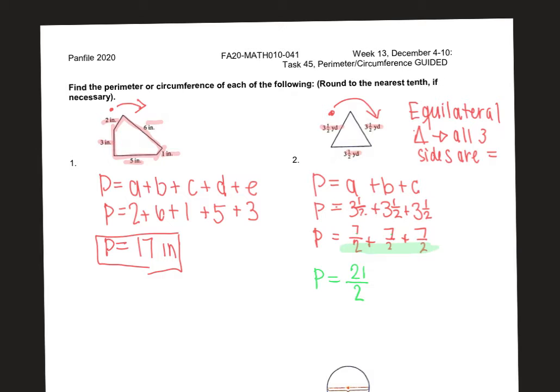So our perimeter can either be written as 21 over 2 yards, or if I want to divide it out, I can, but I do not have to. This answer is okay. If I do, it's going to be 10.5 yards. And I'm done.